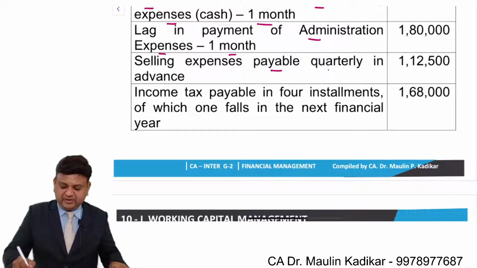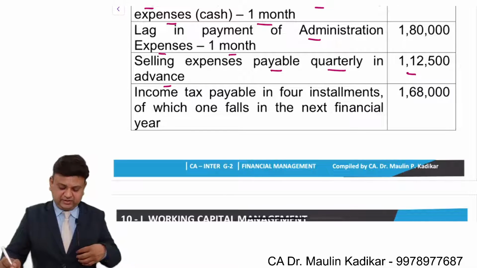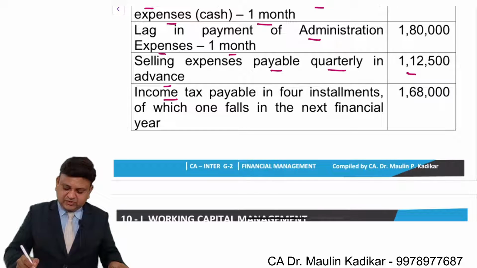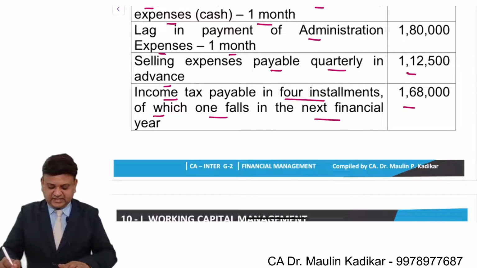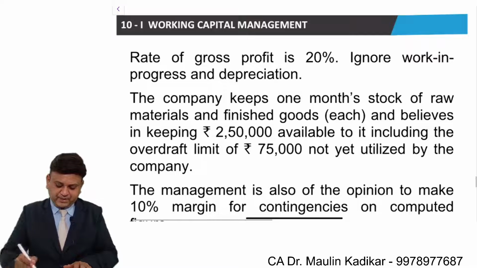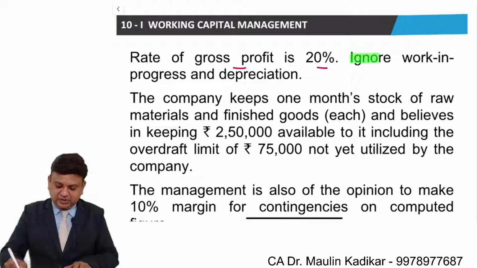Selling expenses payable quarterly in advance, 1,12,500. Income tax payable in 4 installments, of which one falls in the next financial year, 1,68,000. The rate of the gross profit is 20%. Ignore WIP and depreciation.